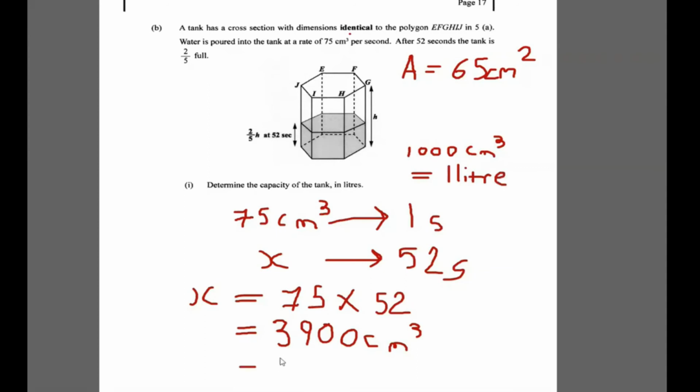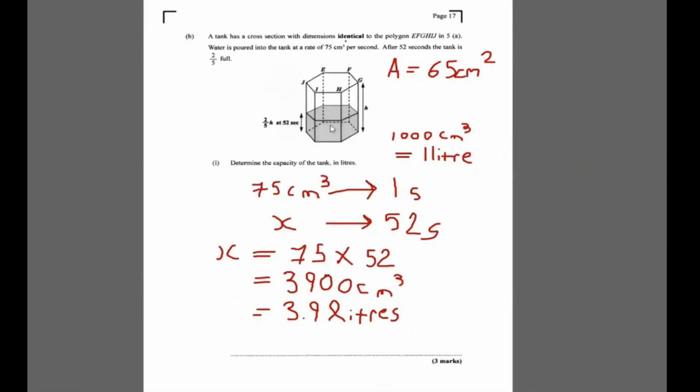So therefore, this is just 3.9 liters. I like to write L, 3.9 L, or you can write out the word liters. It doesn't matter. That's the capacity of the tank right now, being 2/5 filled.